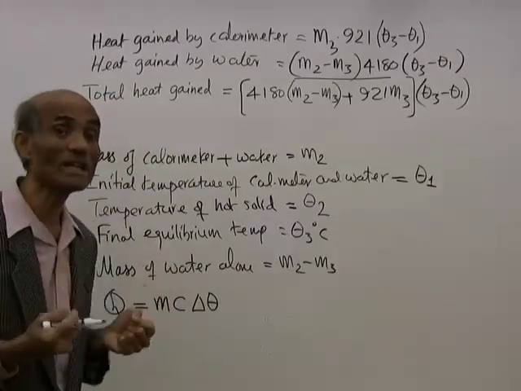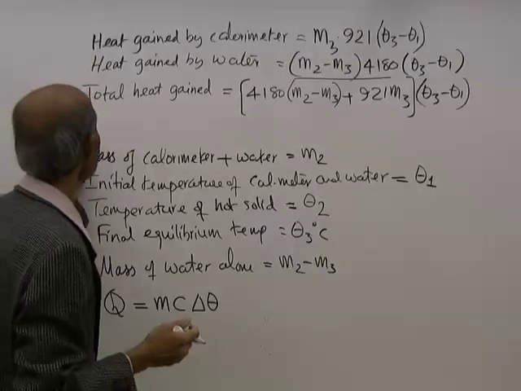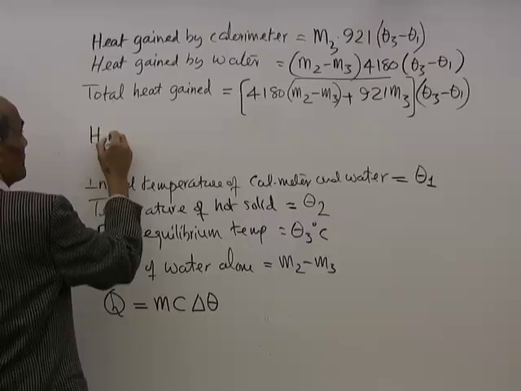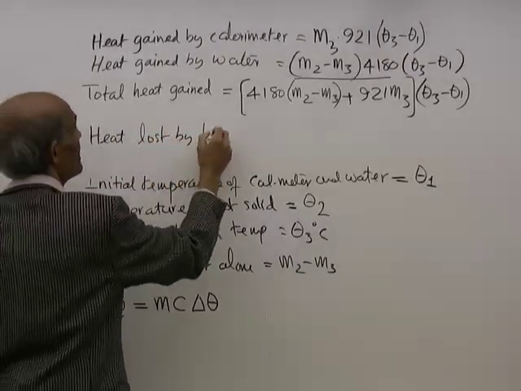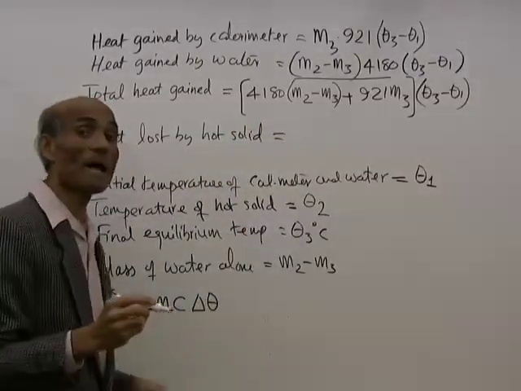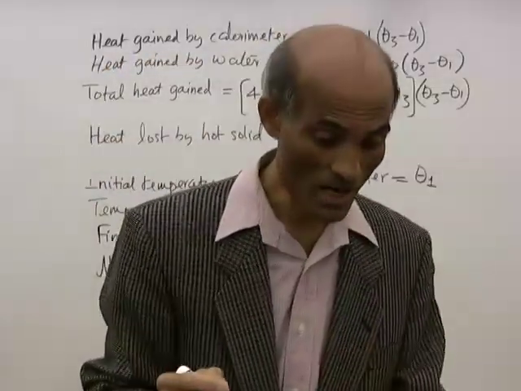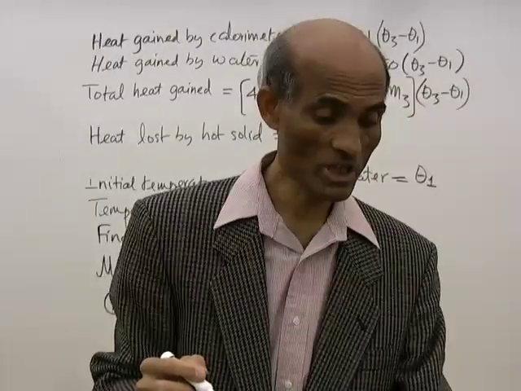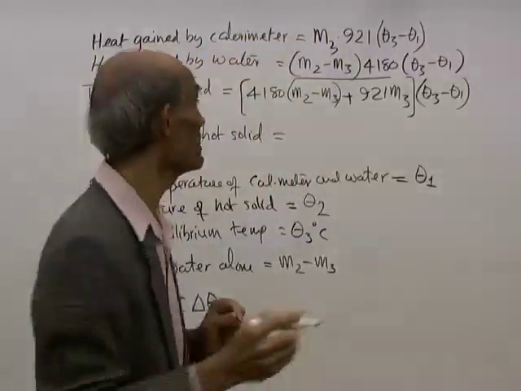And who is losing heat? The hot solid. What is the amount of heat lost by the hot solid? Heat lost by hot solid, alright, is the mass of solid times the specific heat of solid times its change in temperature. What is the mass of the solid? We measured the mass of the solid and called it M1, if you remember.